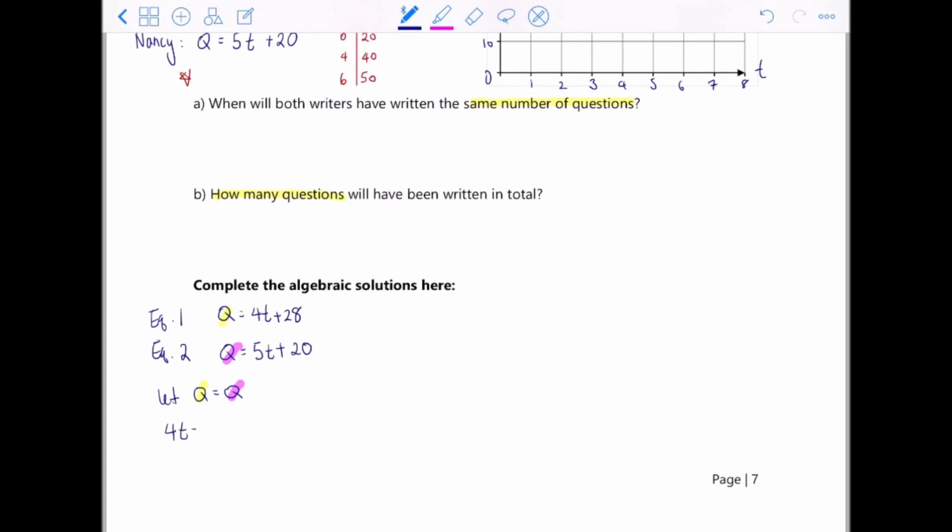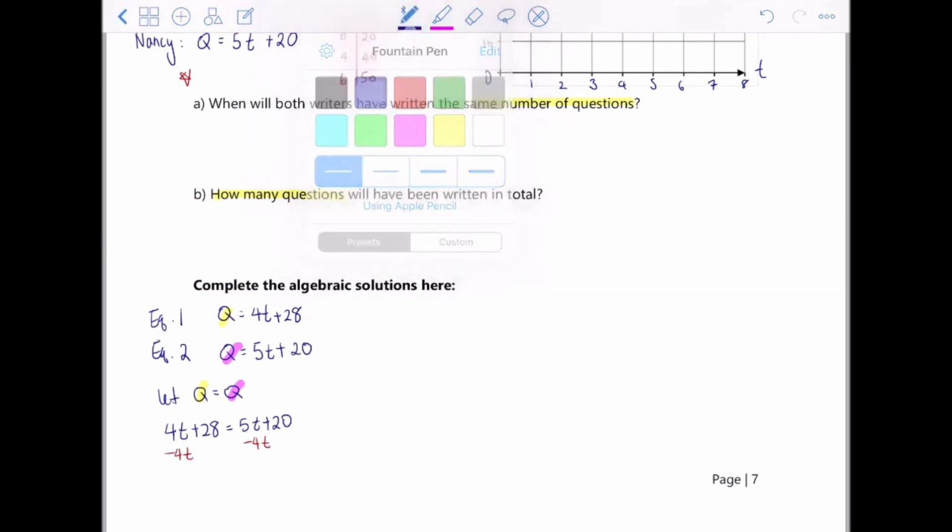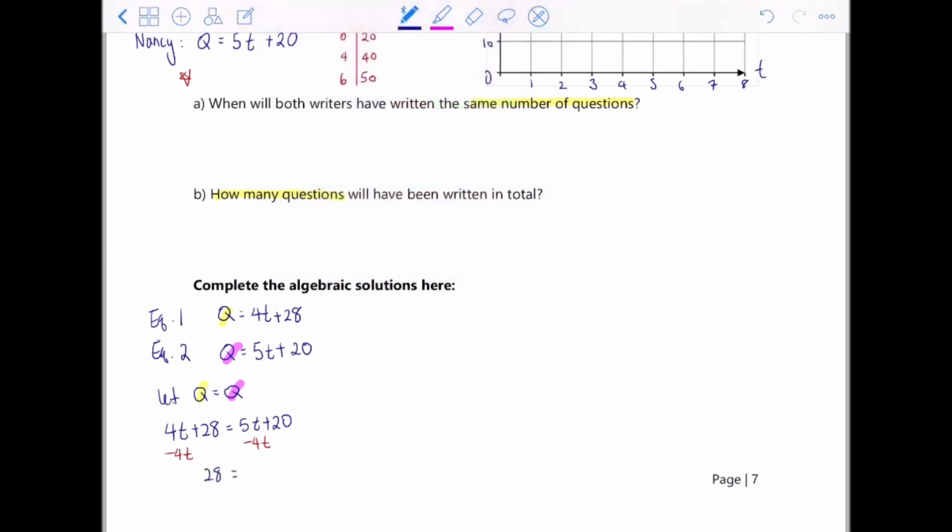So 4t plus 28 equals 5t plus 20. We're going to collect t first, and then isolate the rest. So I'm going to minus 4t, because then we're still going to have a positive t on one side. So we're left with 28 on the left-hand side, and 1t plus 20. Take away 20. We have t equals 8.